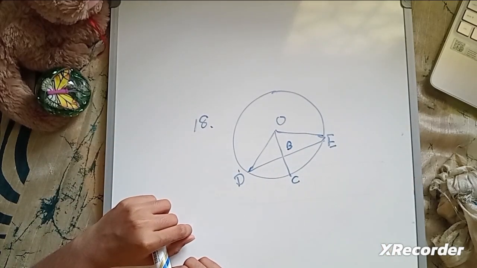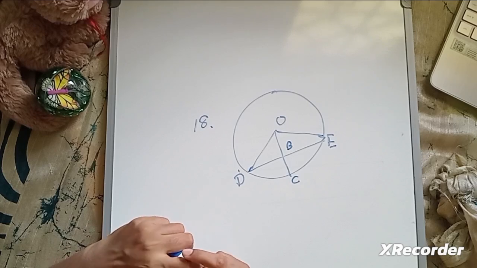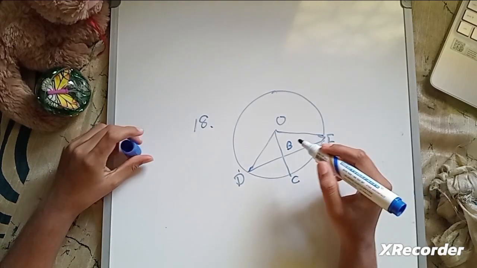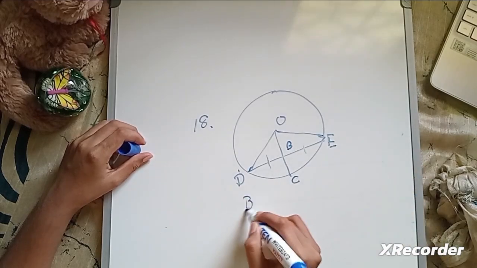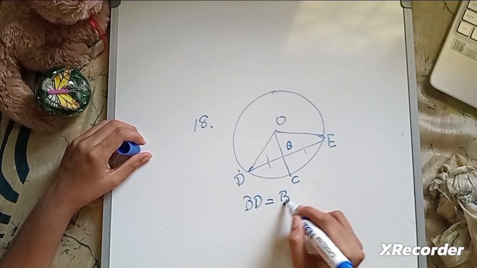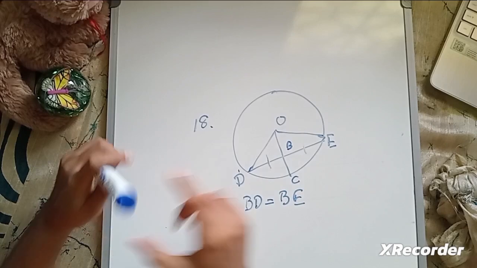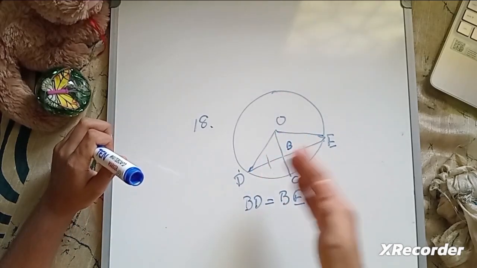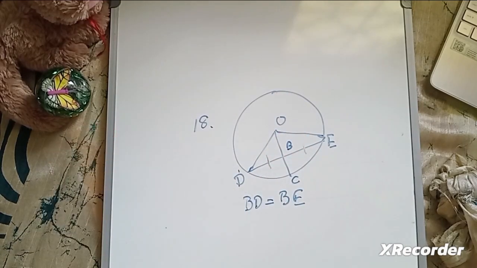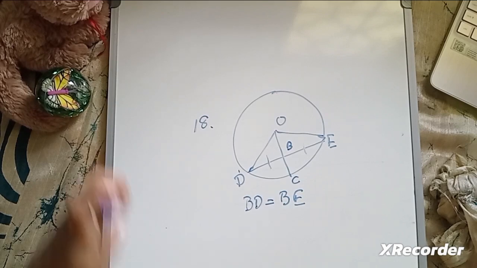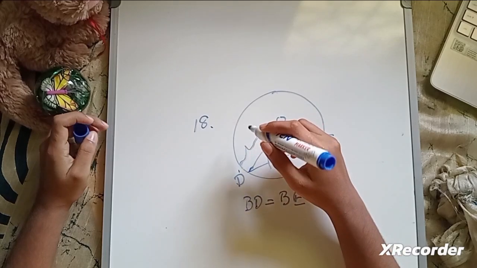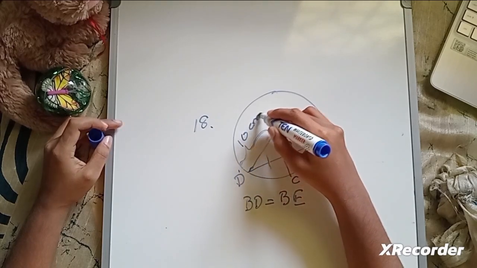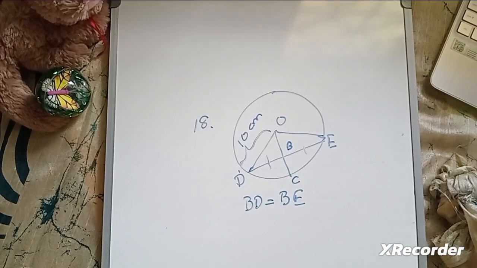So they have given that chord DE is bisected at B by OC. So BD equals BE, since this OC bisects the line TE. Then they have given that OD, which means the radius of this circle, is 10 centimeter.